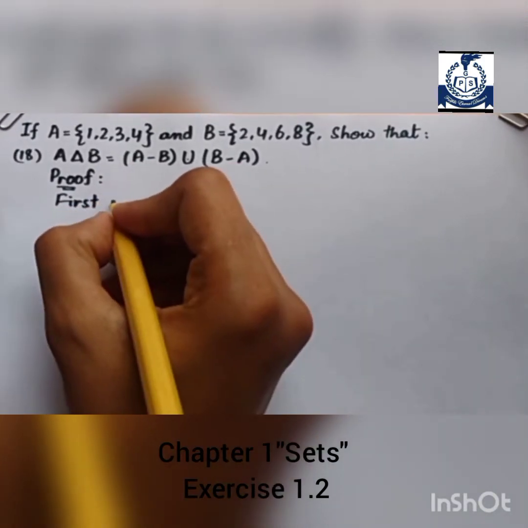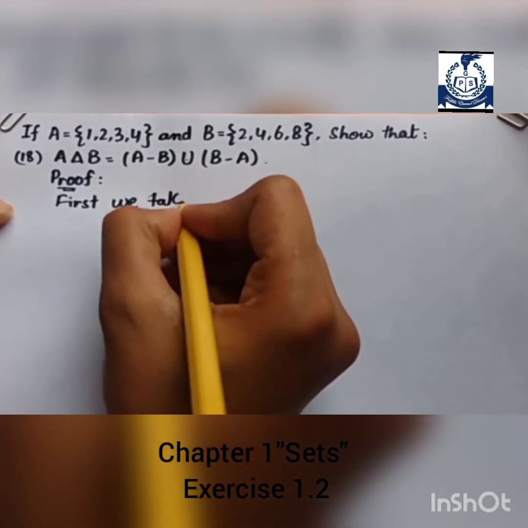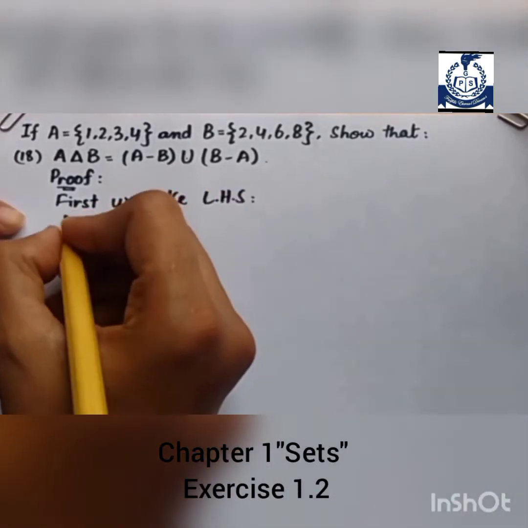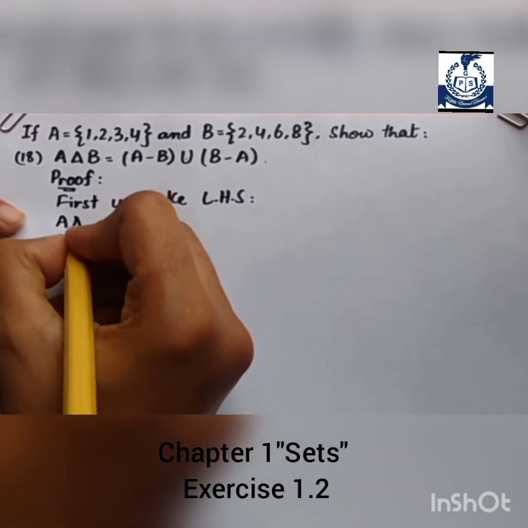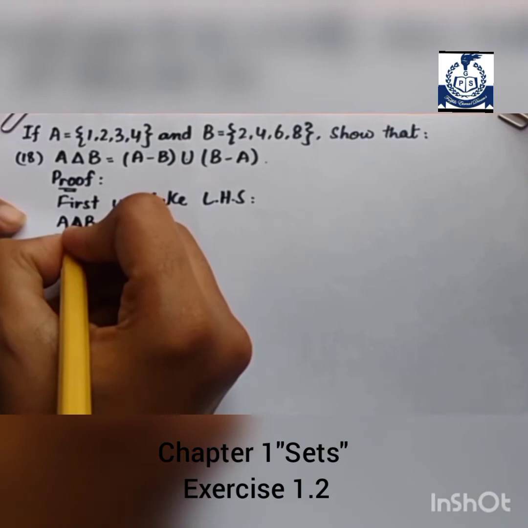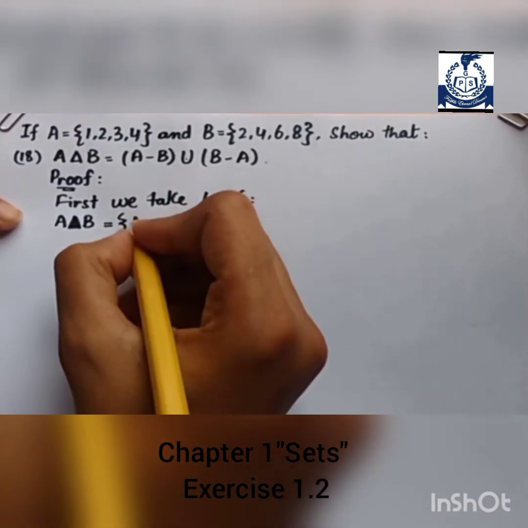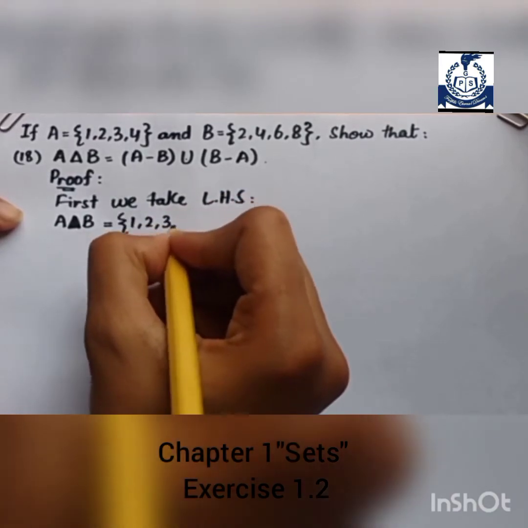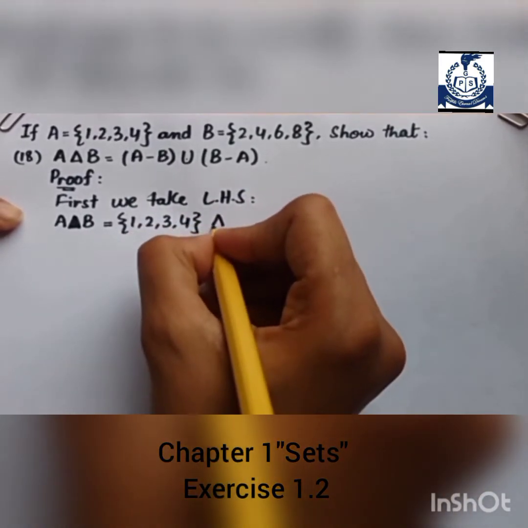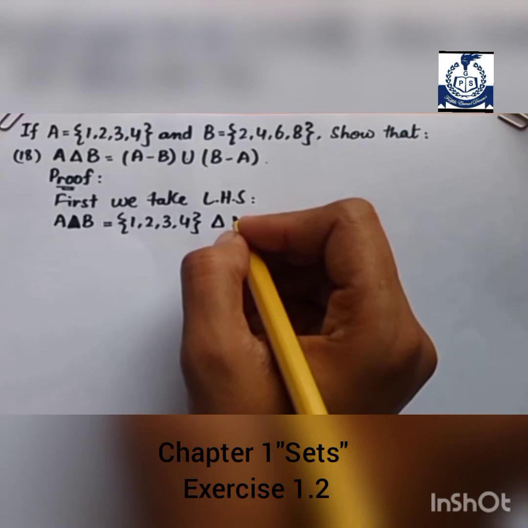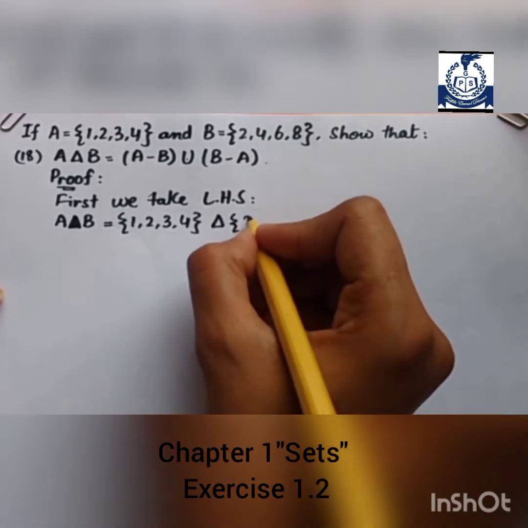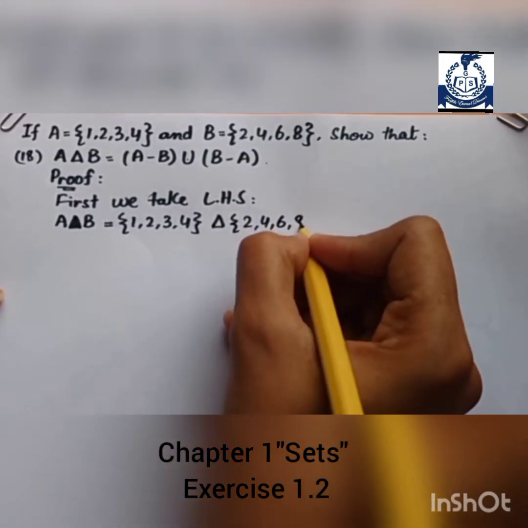First we take the left hand side. Left hand side is A delta B, which is equal to, in place of A we write the elements of set A, {1, 2, 3, 4}, delta, in place of B we write the elements of set B, {2, 4, 6, 8}.